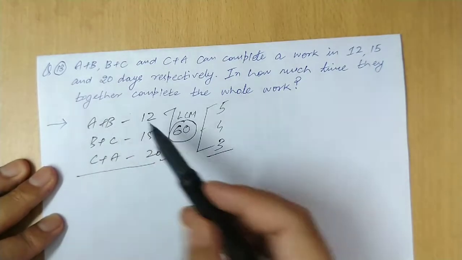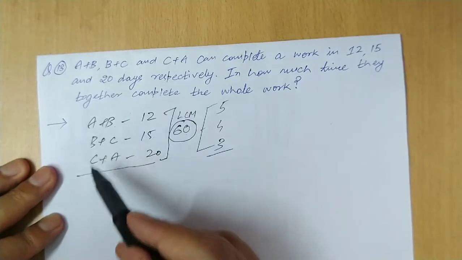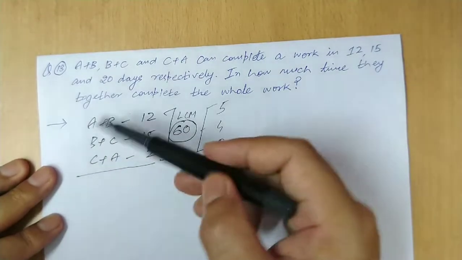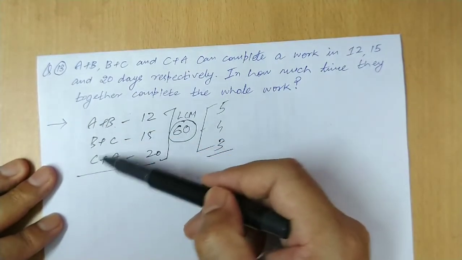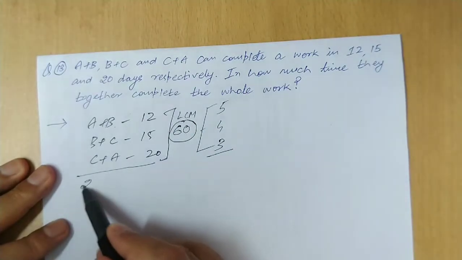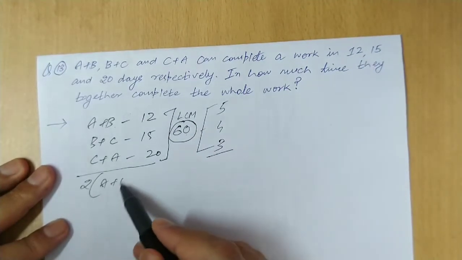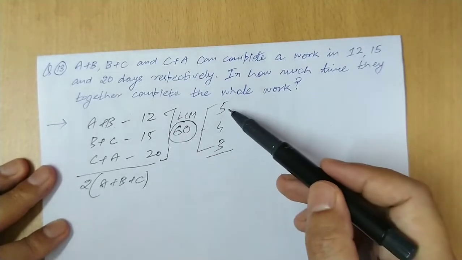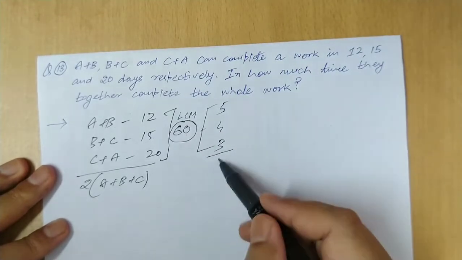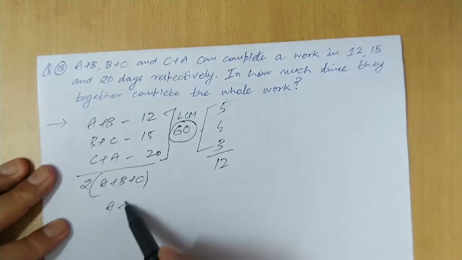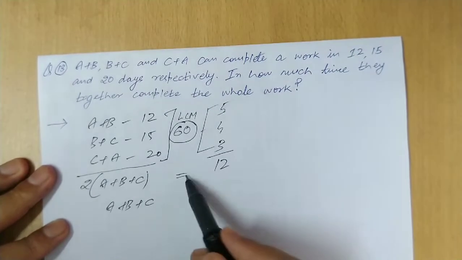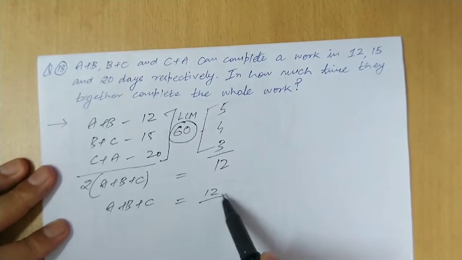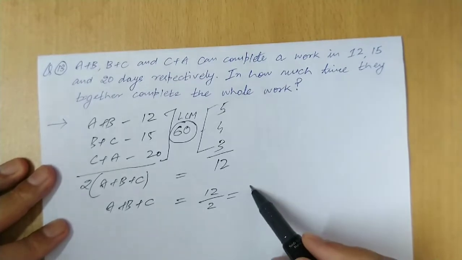Now if we add these, we have 2a, 2b and 2c. If we take 2 common outside, we will get 2 times (a plus b plus c), and if we add the efficiencies, 5 plus 4 plus 3, we get 12. Now a plus b plus c is equal to 12 divided by 2 is equal to 6.